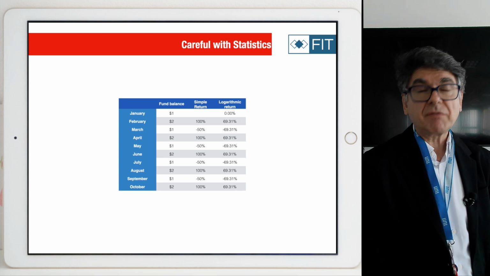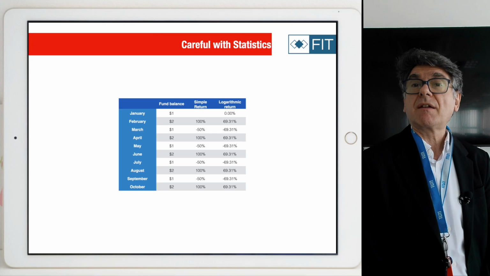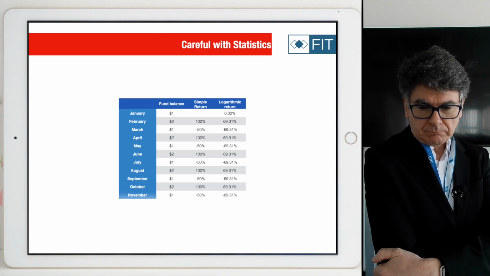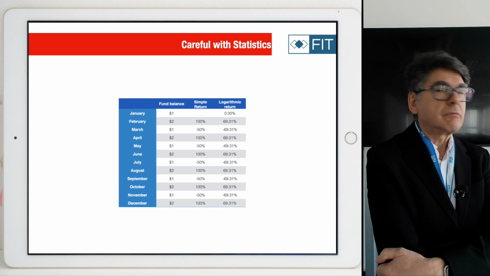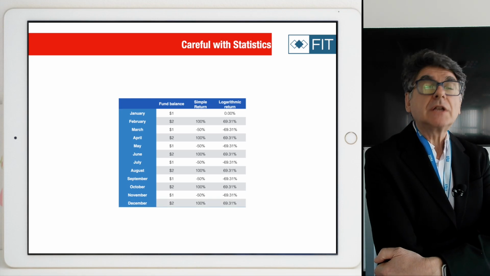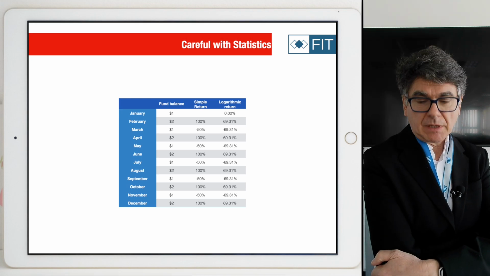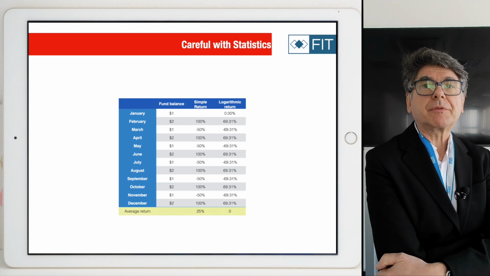So 1 month I make 100%. The next month I lose 50%. Continues. Let's do some statistics on this. If I do the statistics that people do, I'm going to get an average return of 25% per month.